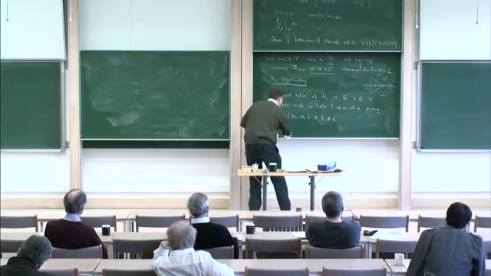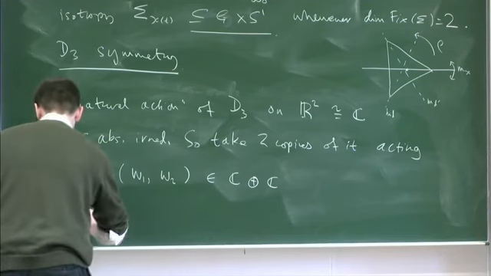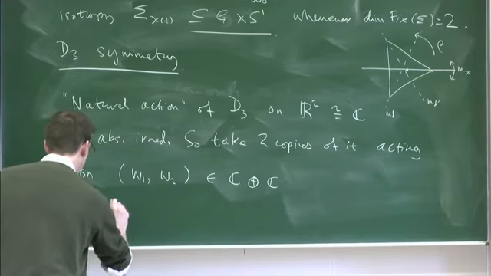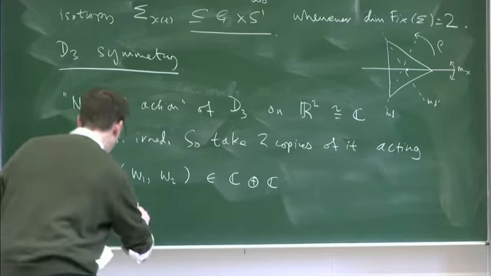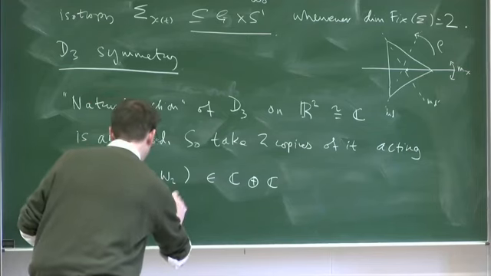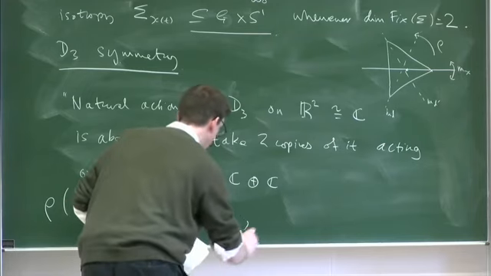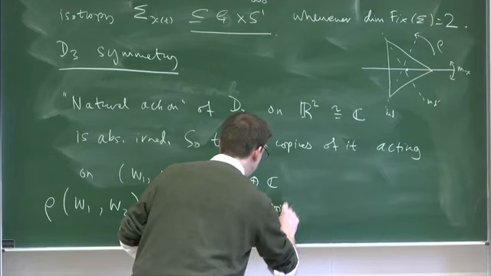D3 is generated by rho and mx, and these are just going to act in the unsurprising diagonal fashion.